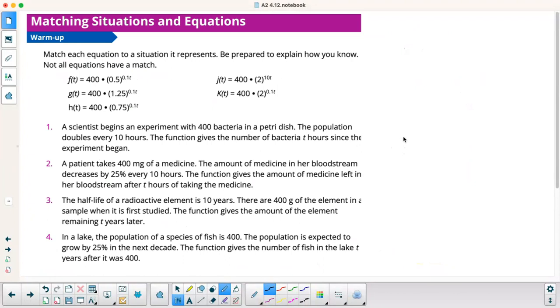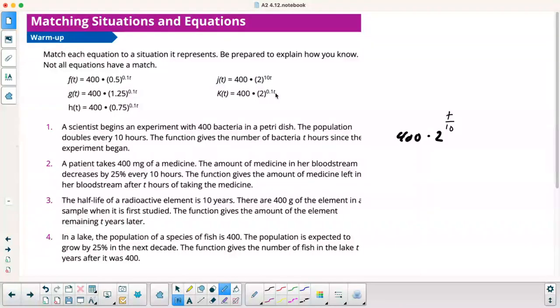So this one would be: start with 400. That's your initial value. You're doubling, so your base is 2, and it's every 10 hours, so it's t over 10. Let me make that a little bit easier to read. Which one would that be?